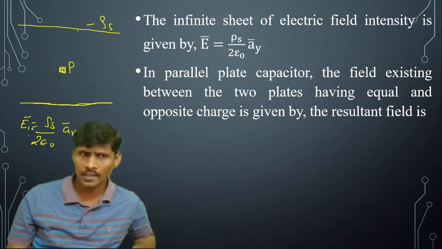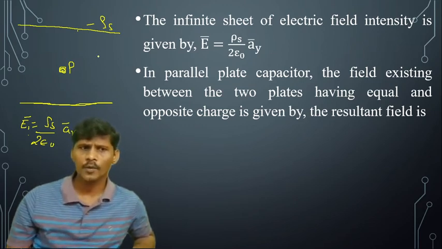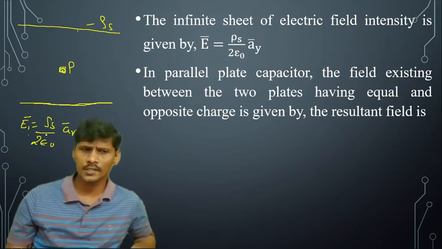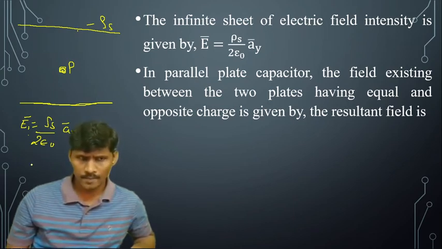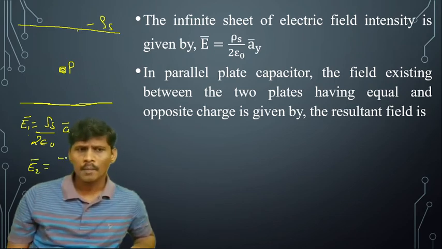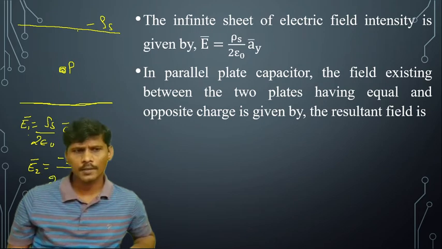Therefore, the electric field intensity at point P due to this negative conducting sheet is E2 bar equal to minus rho s by 2 epsilon naught into minus a n bar.